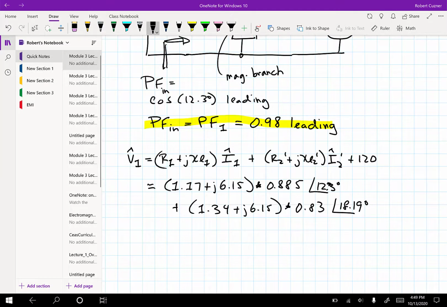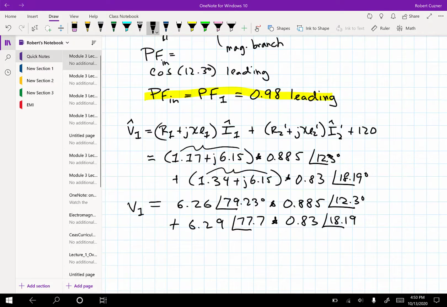What would you do? Okay, you're going to convert this to polar so you can do a multiplication, and then you're going to convert back to Cartesian and add everything up, and then back to polar again. So I'll do that. Okay, so far so good. Let's multiply these guys out.